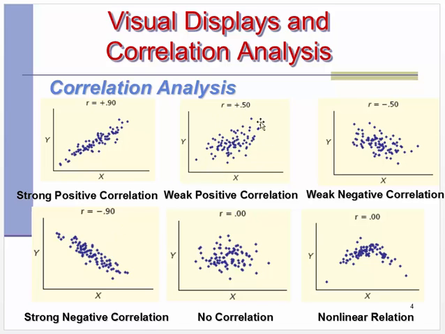When R is around +0.5 or -0.5, we call it weak positive or weak negative correlation. When R is 0, there's no correlation, or sometimes it could be a nonlinear relationship that also gives an R of 0. So R signifies the strength of the linearity.